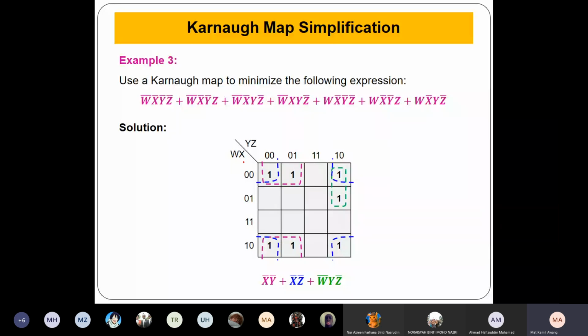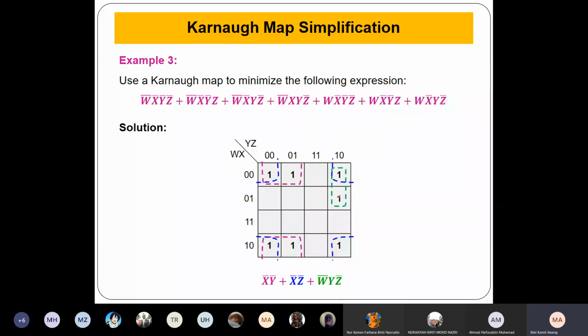The one that does not change is the X. So you have X bar, Y bar. For the blue one, the ones that are not changed are X, because X remains 0, and Z also remains 0. The others are changing. So X bar, Z bar.